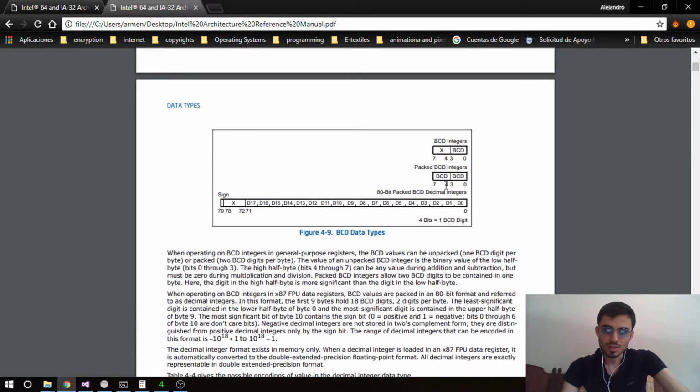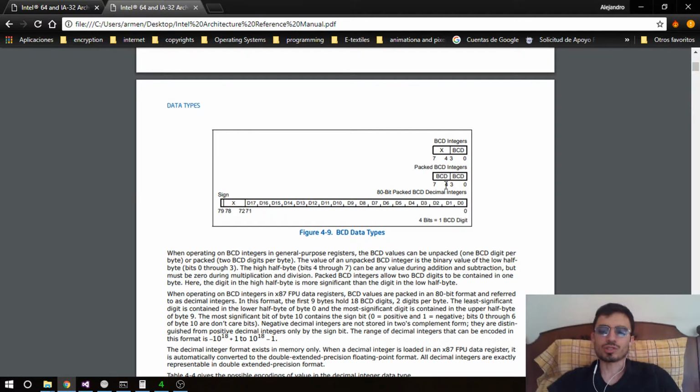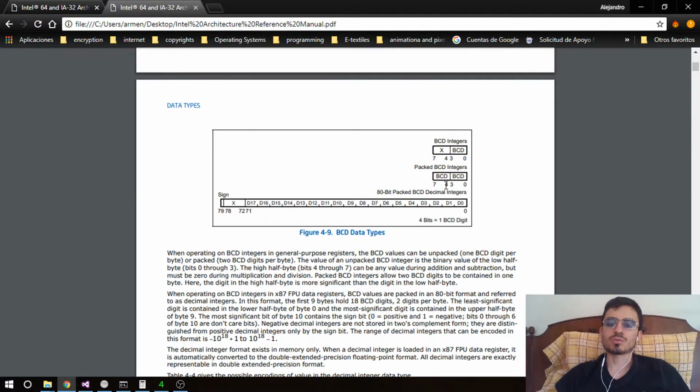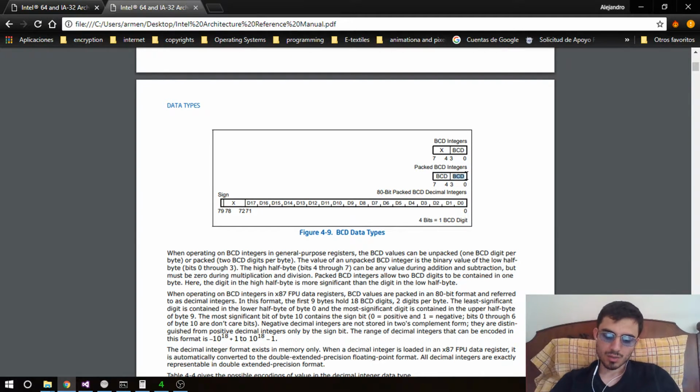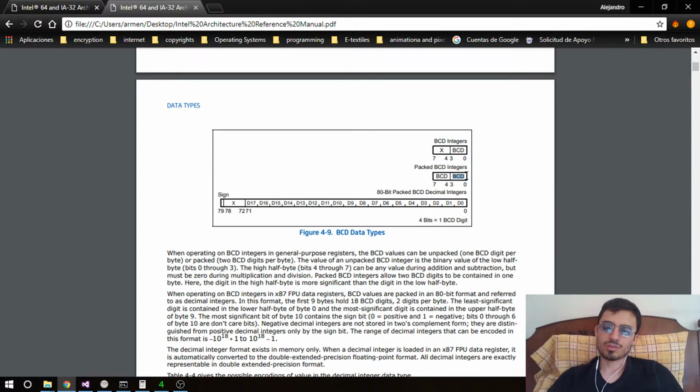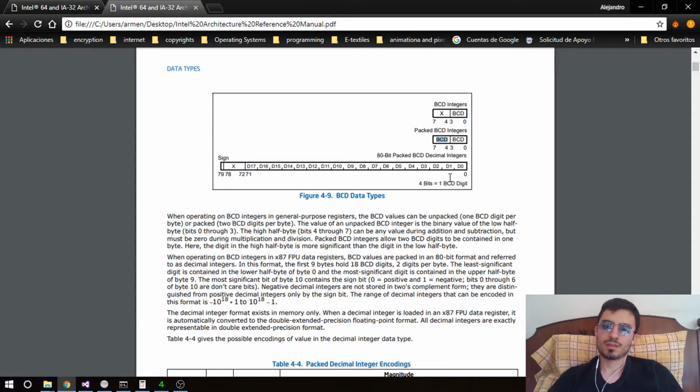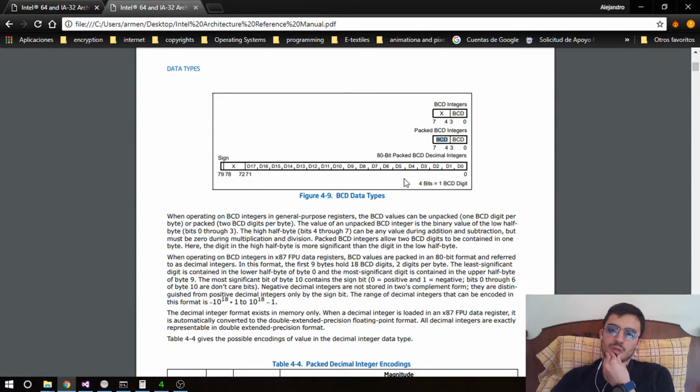I mean, you can have 2 integers in a byte, binary coded, with one integer on the low 4 bits and one integer on the upper high 4 bits. That's all. I don't see any practical reason to have the integers packed in BCD, but probably there's a reason for that.